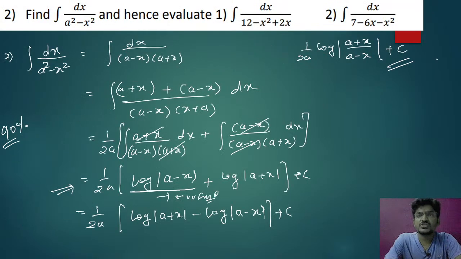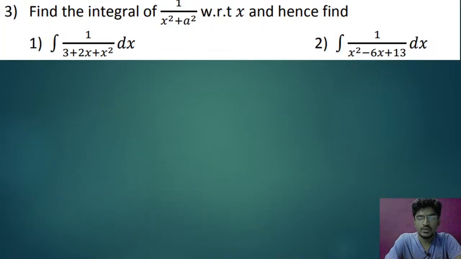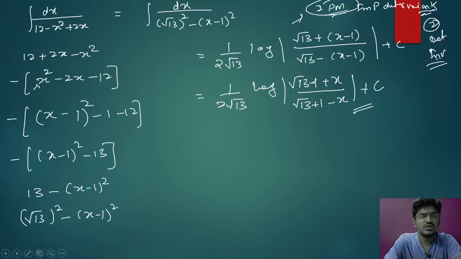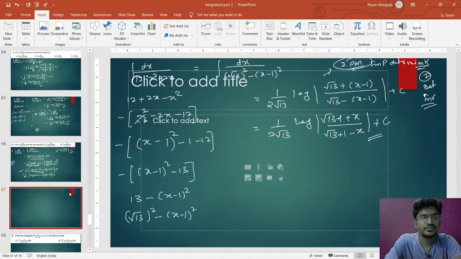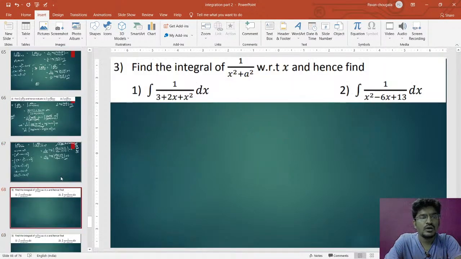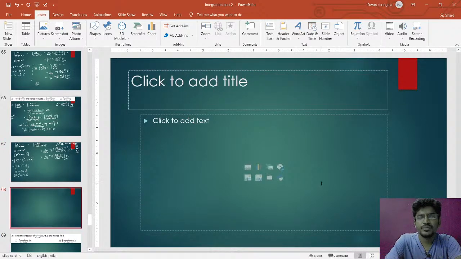Okay. Now let us go for the second problem. Clear? So I will go for the second problem on this and let us simplify it. Okay.